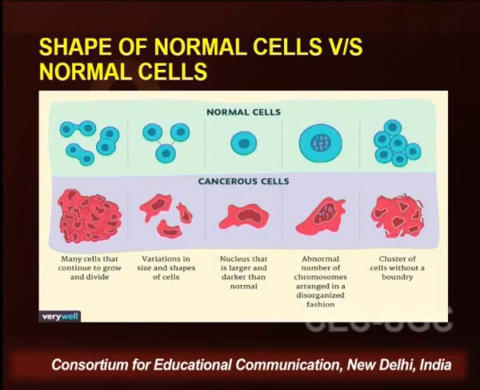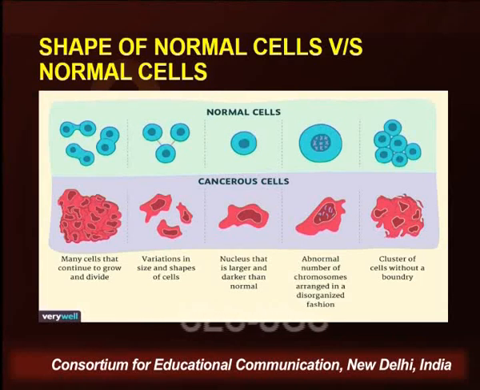Similarly, the normal cells do not form any kind of clump. Their boundaries are distinct, as you can see in the last picture, but in the cancer cells you cannot see the normal boundary; you can see several cells forming a clump-like structure. This is very clear. So there is an abnormal number of chromosomes, arranged in an unorganized manner.